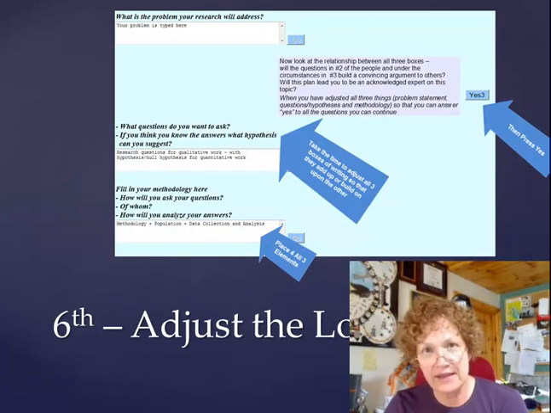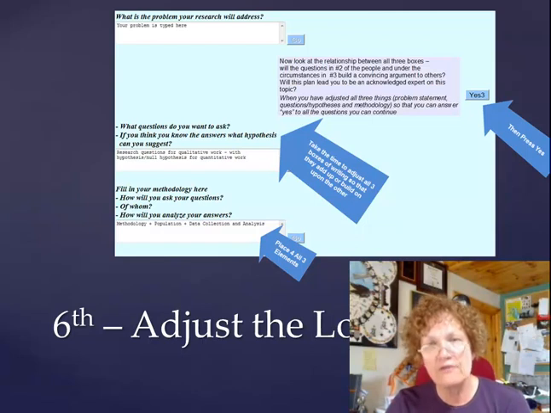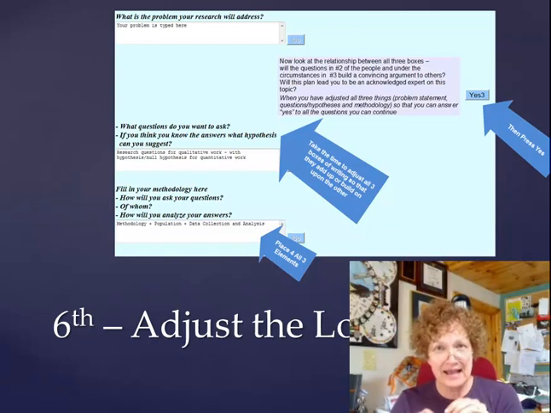The next step then is to adjust the logic from your problem statement through your research questions to your methodology. Your methodology should include the way you're going to collect and analyze data, the population from whom you are going to collect and analyze data, and as much detail about the questions you will actually be asking.